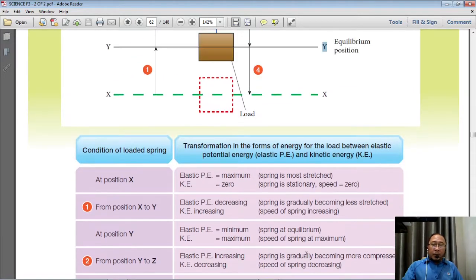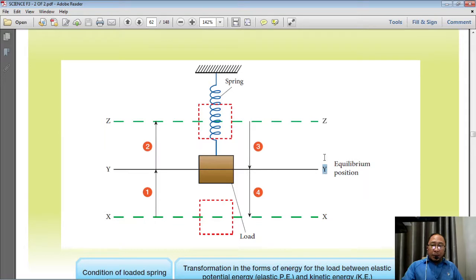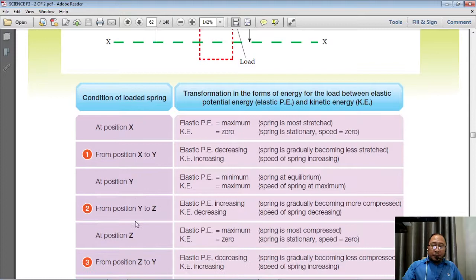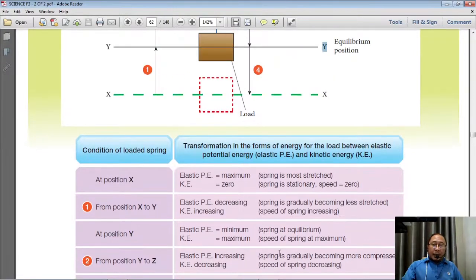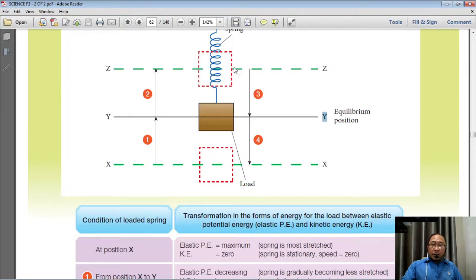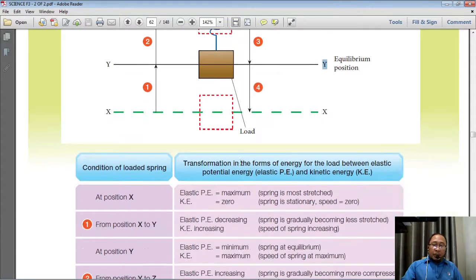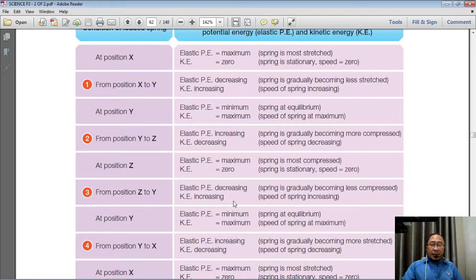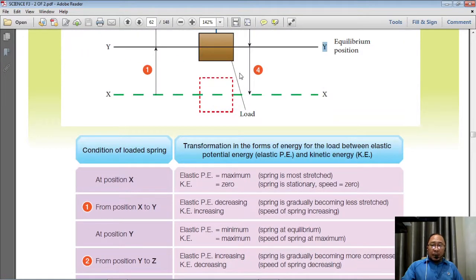And then from Y to Z, what happens? Elastic potential energy will increase and the kinetic energy will decrease. When it reaches position Z, it comes back to position Y, so elastic potential energy decreases and kinetic energy increases, and then it reaches position X again.